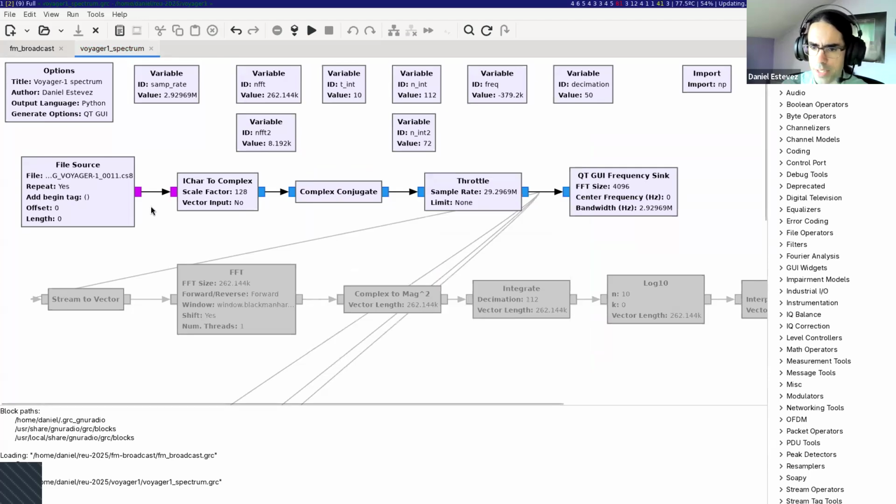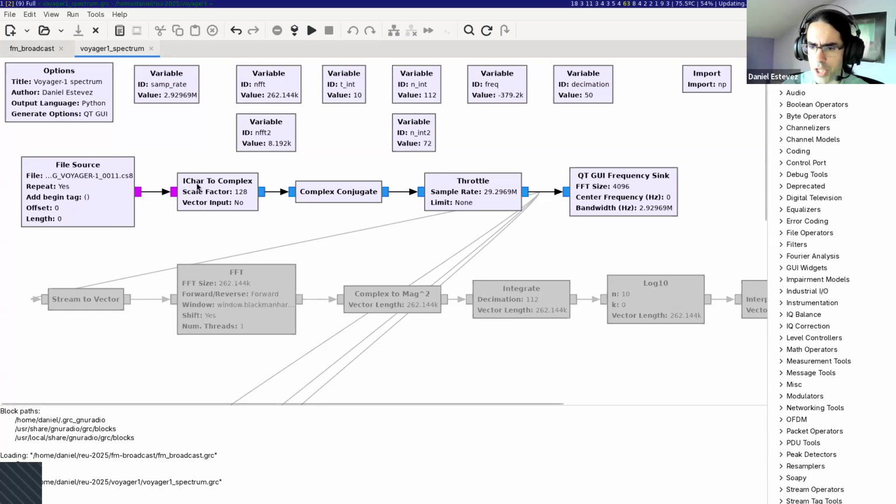Then we have this purple color, which means bytes. So whatever comes out here is an integer number between -128 and +127. We want to convert those to complex numbers because that is the most common data type in GNU Radio, and it's the easiest type to deal with for the calculations.